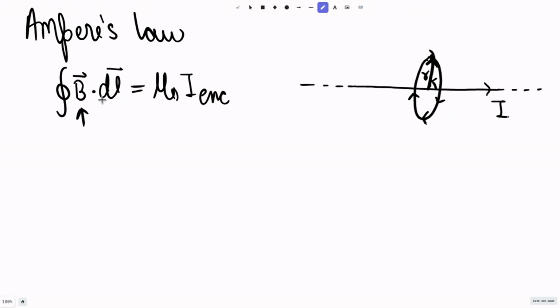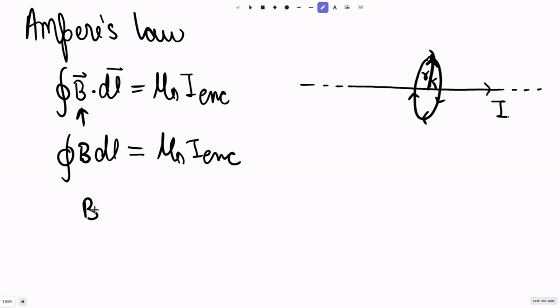This is the direction of your magnetic field at any point on the loop, and dl has the same direction. So two vectors that are in the same direction, you are taking their dot product, which means this will simply be B dl, because cos of 0 will give you 1, equals mu naught I enclosed, and then you have got B equals mu naught I enclosed divided by the integral of dl.